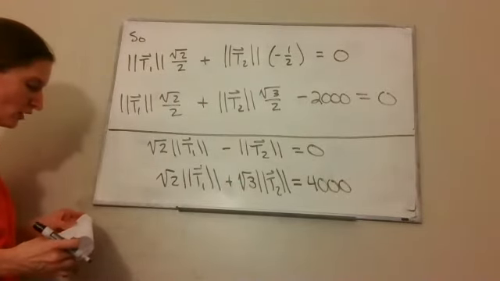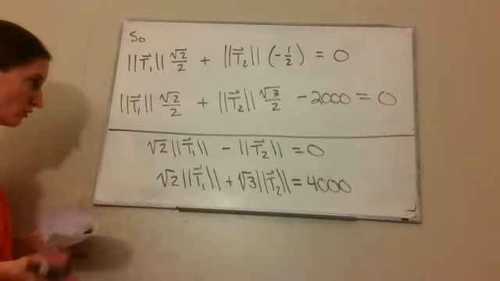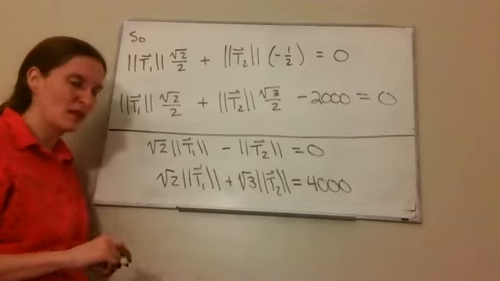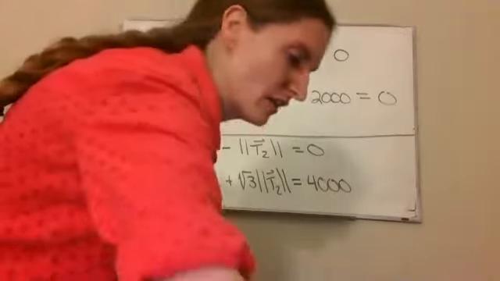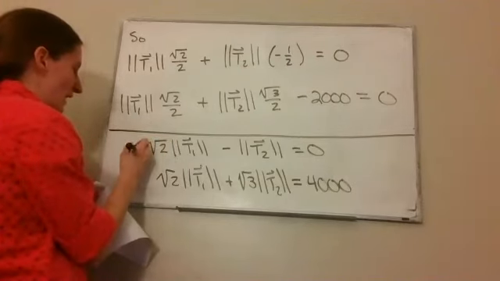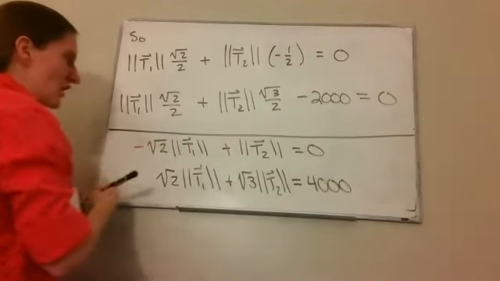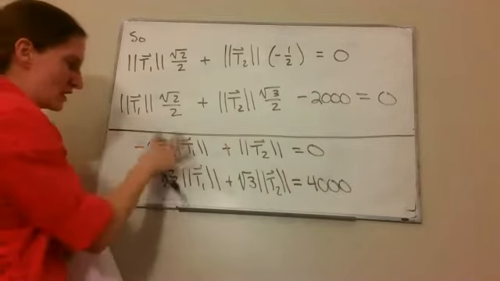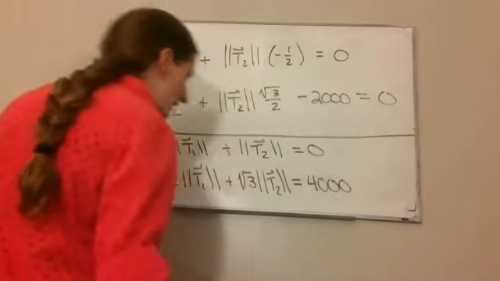And I'm going to solve it using substitution. Or no, not substitution. I think I'll do elimination instead. So for doing elimination, I'm going to multiply my first equation by -1. That just changes my signs. And now if I add the two equations together, the T1s disappear completely.